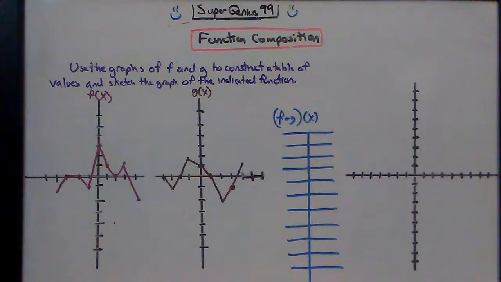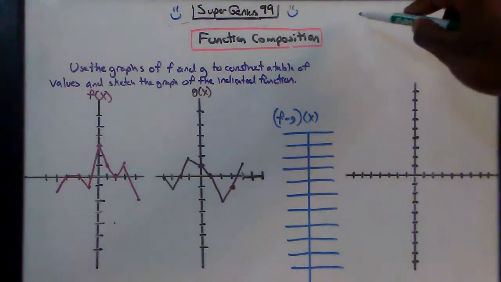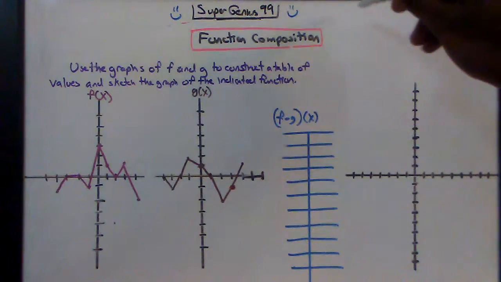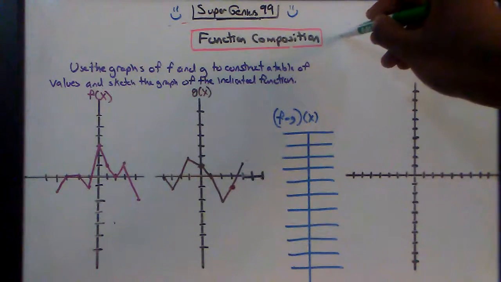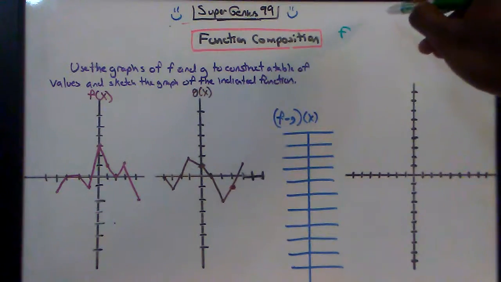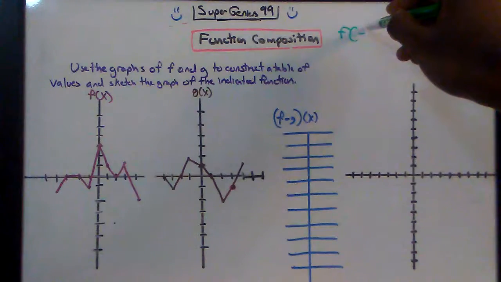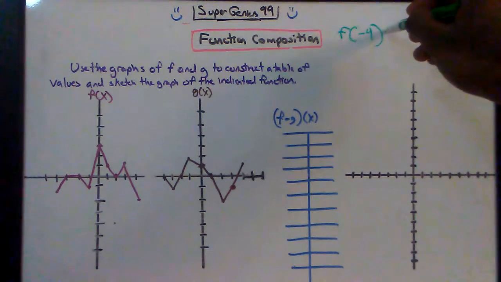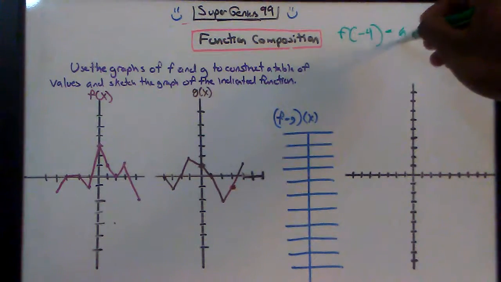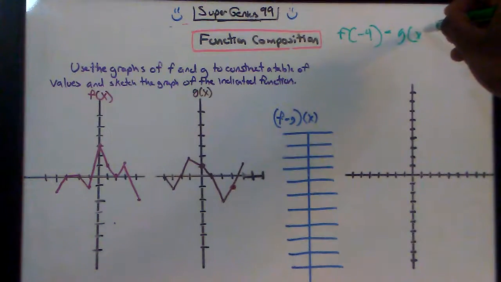So let's get started. Okay, so we're doing subtraction. I'm going to start with the leftmost x value, or the most negative value, and on here I see -4. So we're going to do the problem f of -4 minus g of -4.